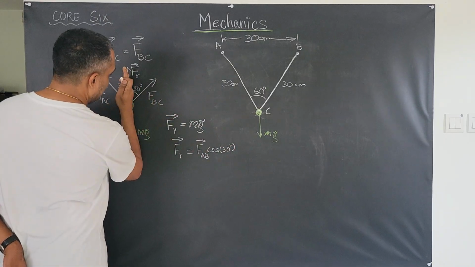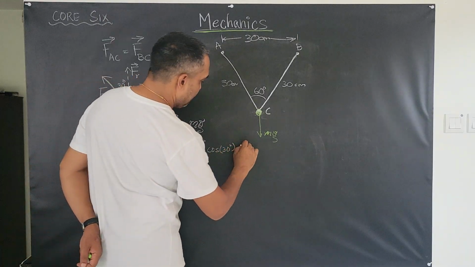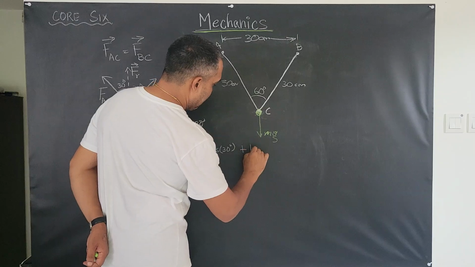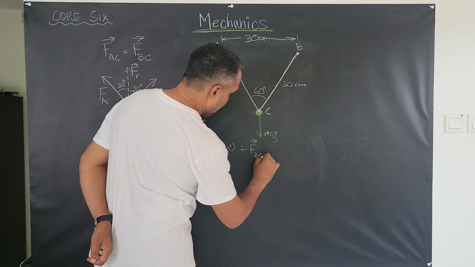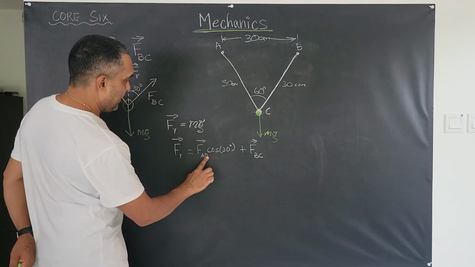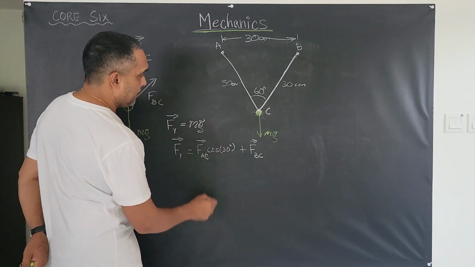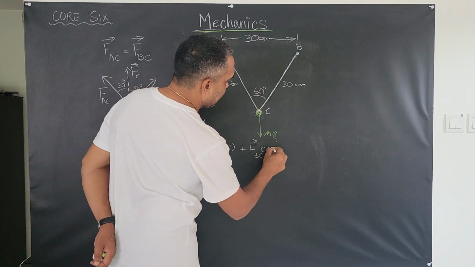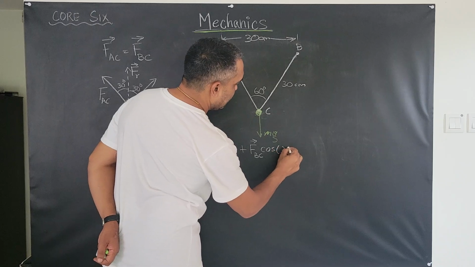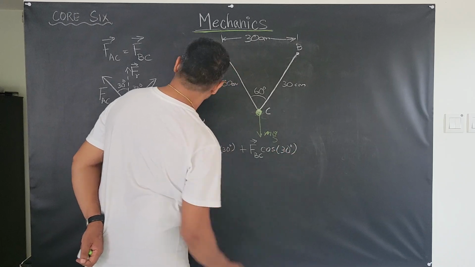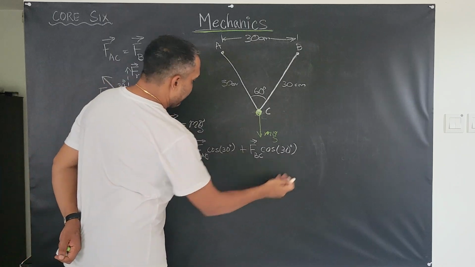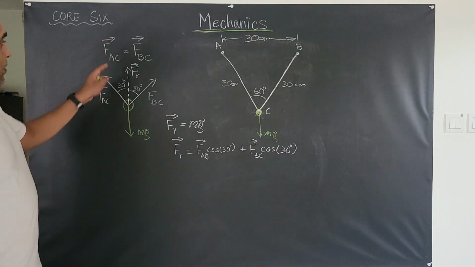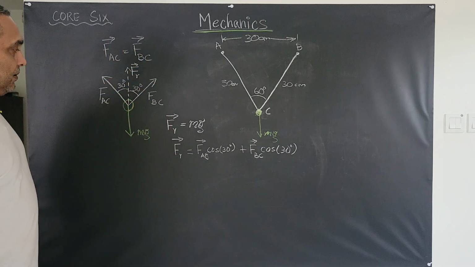Because it's resolving into 30 degrees. Add that to force vector BC. Maybe it's not AB, it's AC, and cosine of 30 degrees. That's this 30 degrees. You can do the math. We know these two are equal.